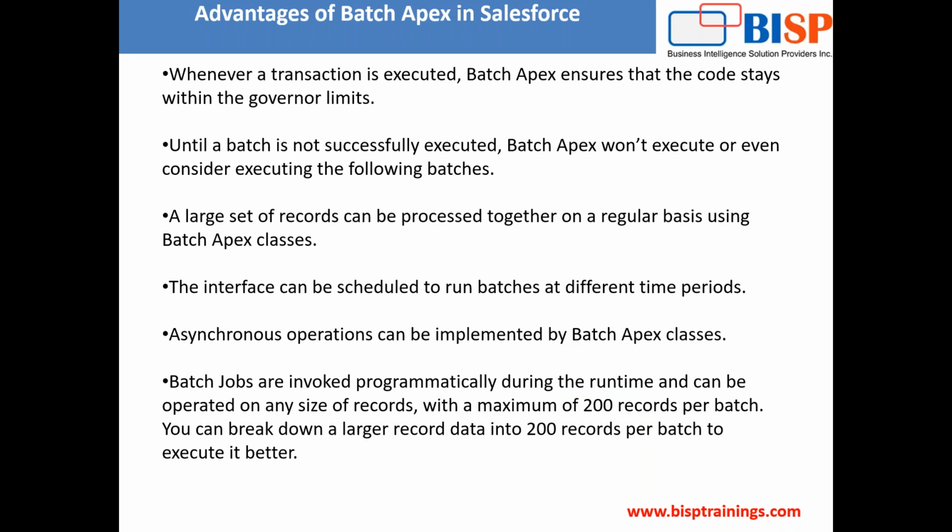The batches are executed one after another: the next batch will not start until the previous batch has finished. It is helpful with a large database, and it creates batches of 200 records.